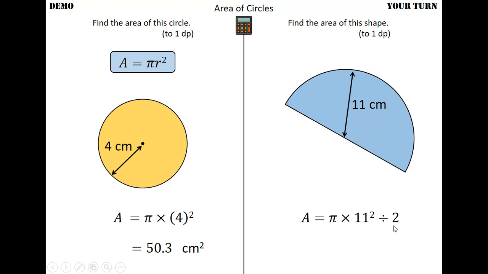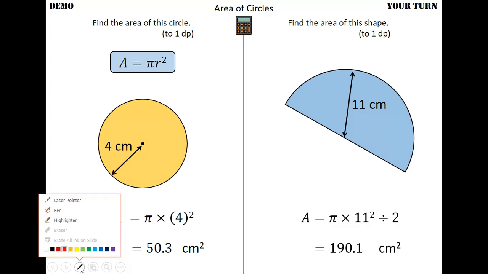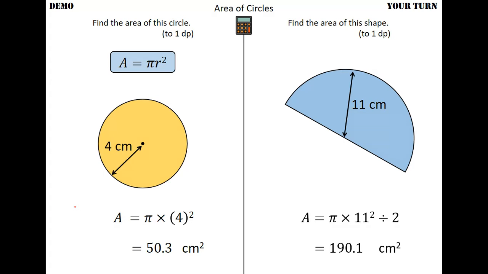However, this is divided by 2 as there's only half of a circle because it's a semicircle, which gives us 190.1 centimeters squared.